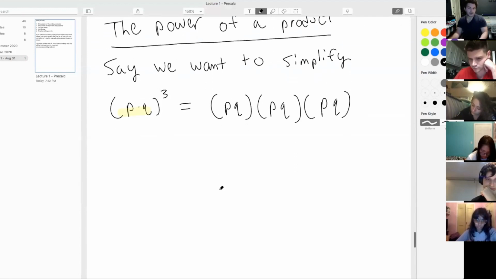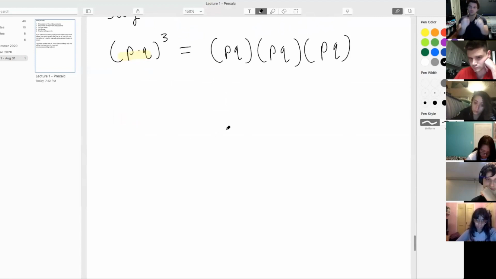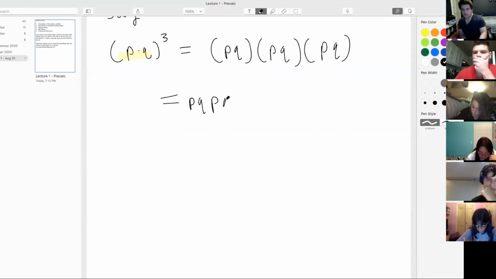Excellent. Now I'm gonna be a little fancy. I can get rid of the parentheses. PQ, PQ, PQ. And the reason I can do that is the associative property of the real numbers. I wouldn't worry too much about that, but it just says I can group the terms any which way I want.